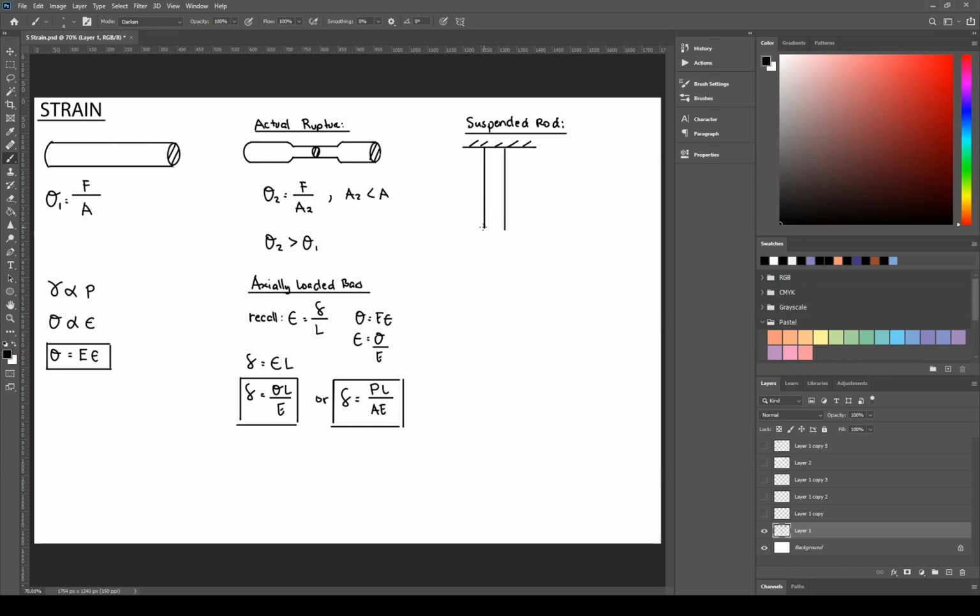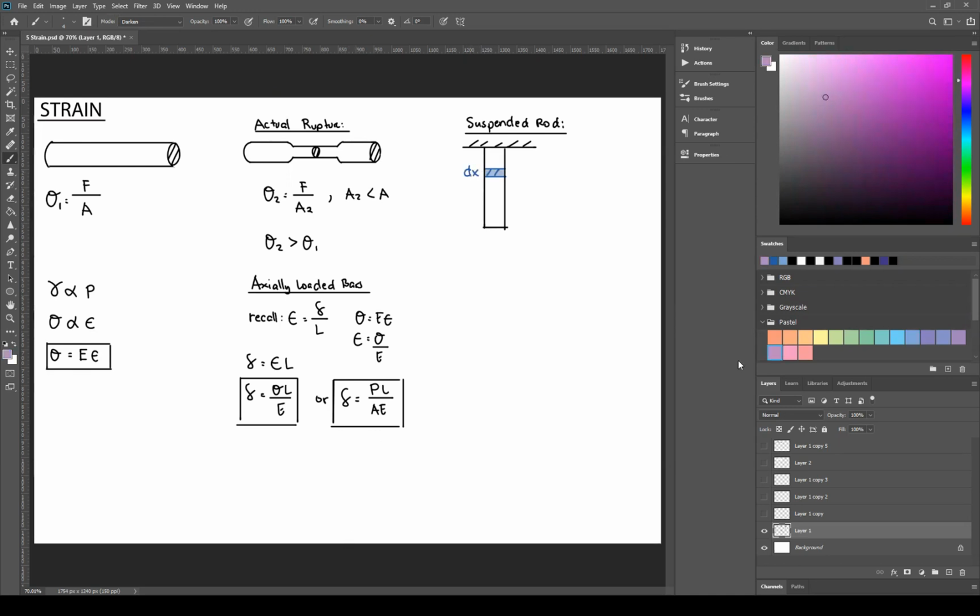We're going to solve this using integration. Remember, it was mentioned that to use integration, you use a differential length. So let's say here, I'm going to use this. This is my differential length, and that's dx.